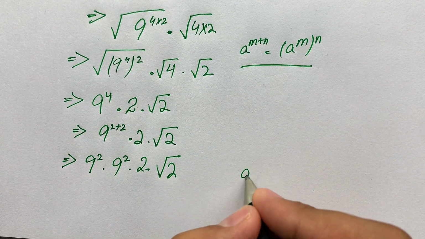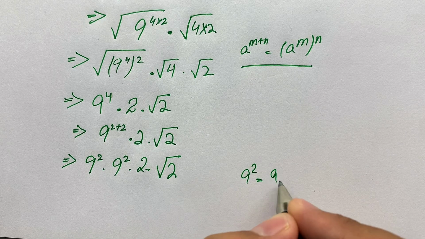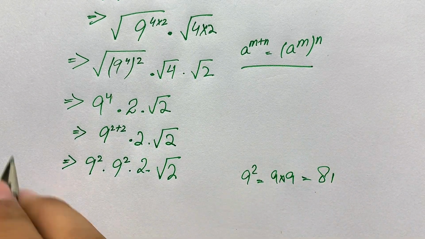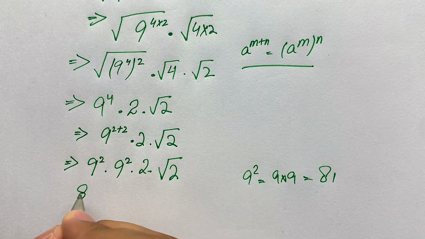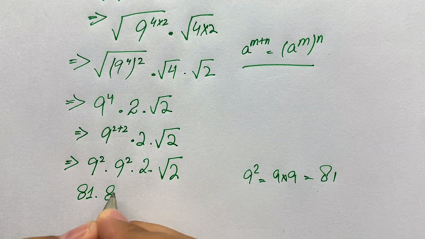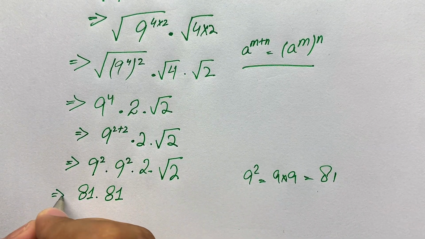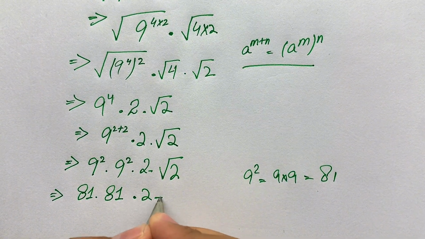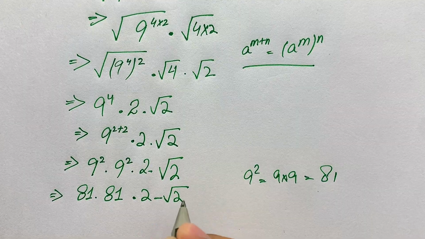So in the next step 9 to the power 2 is equal to 9 multiplied by 9, that is also equal to 81. 81 into 81 into 2 into under the root 2.